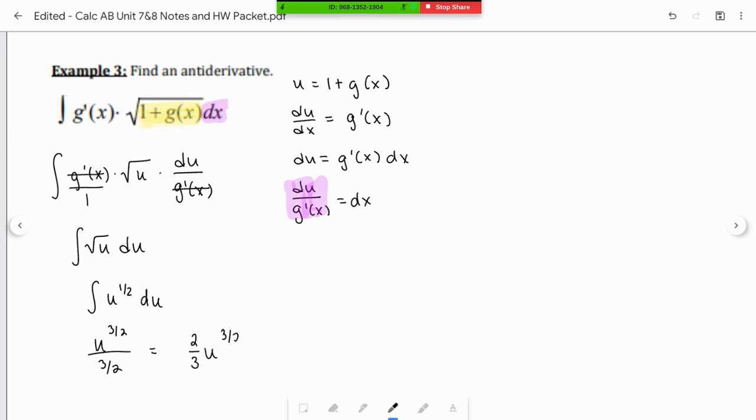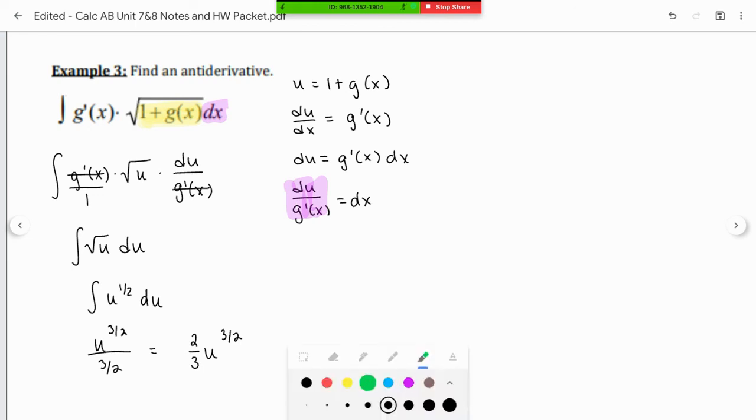Now, with the ones that we were just doing, because we were evaluating them, we didn't have to go back and plug in our x's, right? Because we were changing the bounds, and then we plugged in our bounds and we actually found the numerical value for the antiderivative. Here, there are no bounds for us to actually evaluate this at, so we are going to go ahead and plug back in what we had for u.